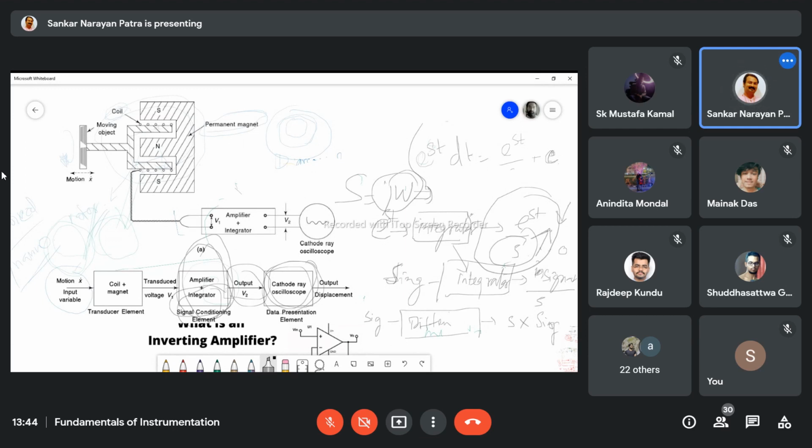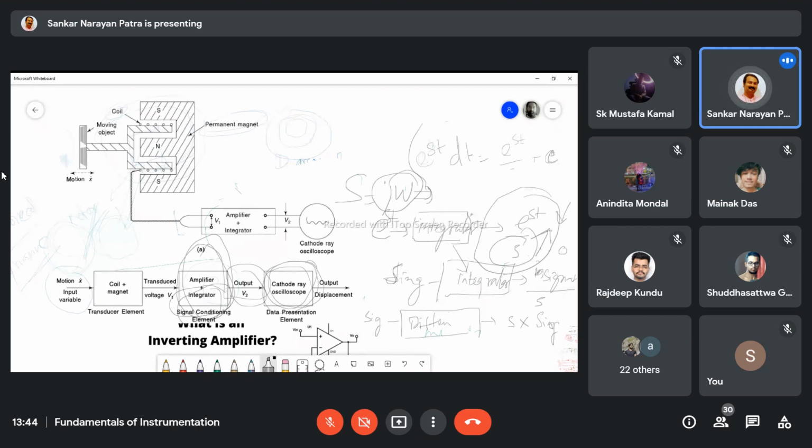This is another instrument which I discussed, called the electrodynamic type displacement or velocity measurement device, which is actually the opposite of a galvanometer. In case of a galvanometer, what happens? Magnetic field and electric field are provided, torque is developed, and that torque produces a particular displacement.